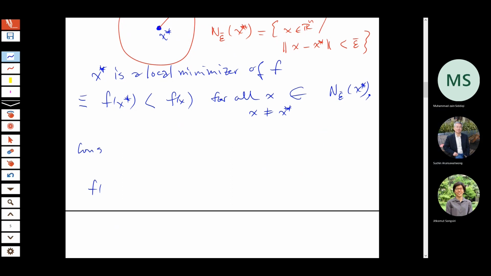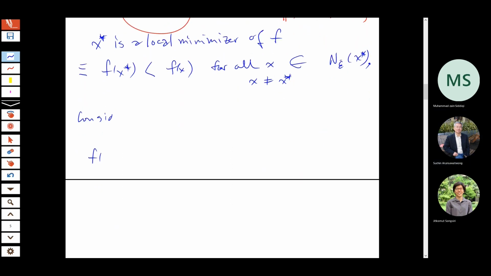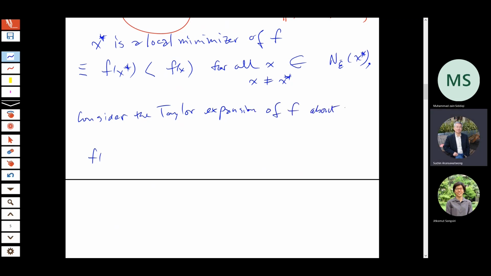Now we consider the Taylor's expansion of f about the point x star, for all x in this neighborhood.